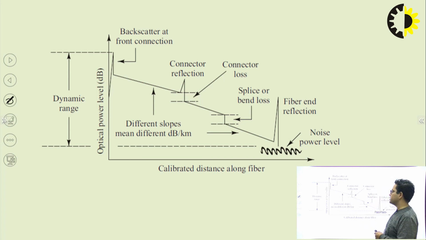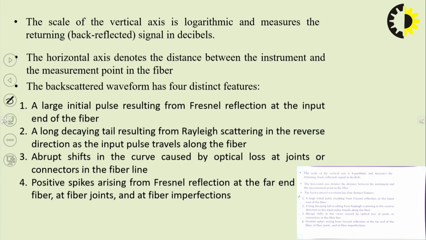So after this, what conclusion can we draw from that particular figure? The scale of the vertical axis is logarithmic and measures the returning signal in decibels. So it will measure all the signals in power level in dB. The horizontal axis shows the distance between the instrument and the measured point in the fiber.